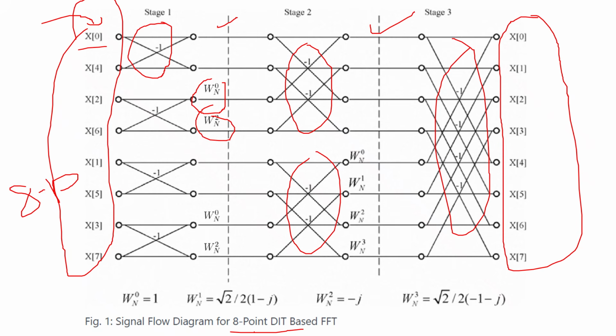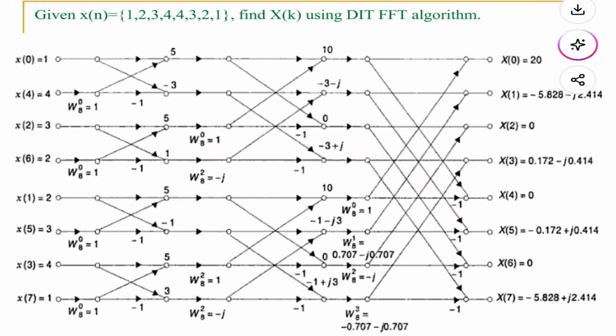Okay, so let's see some example here. Here is a very good example. Your sequence is 1, 2, 3, 4, 4, 3, 2, 1, right? So this is x[0], x[1] is 2, x[3], like that. So x0 and the bit reversal values, check in the previous slide how to find the bit reversal.